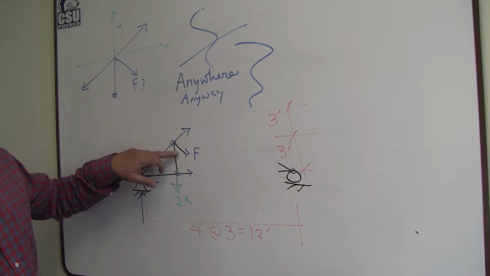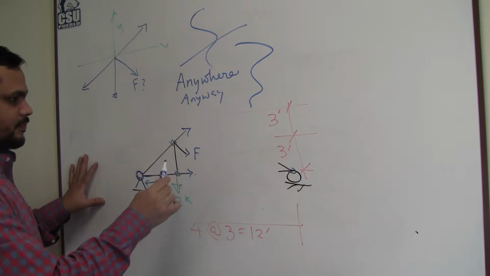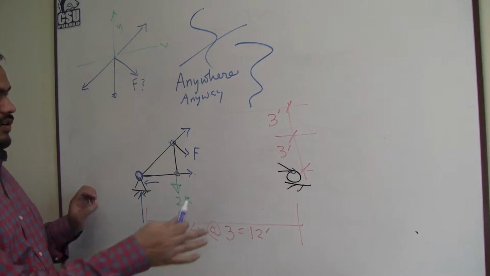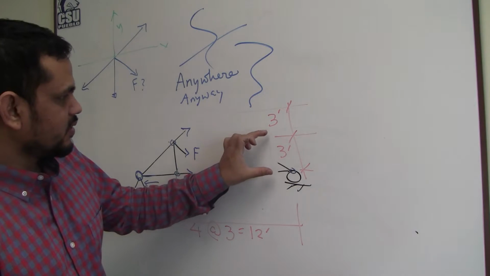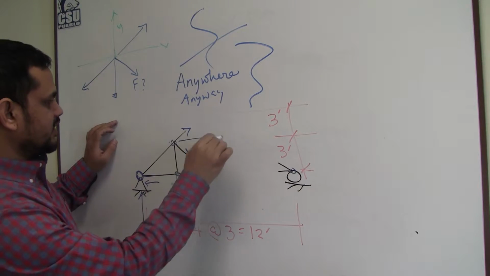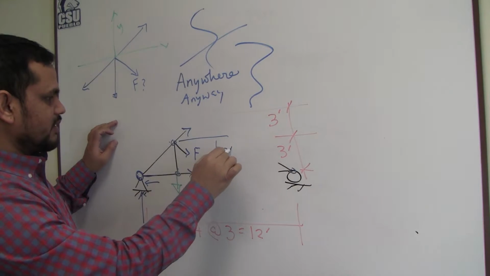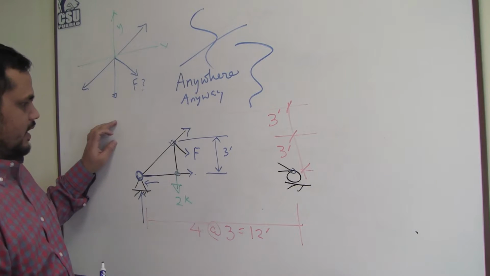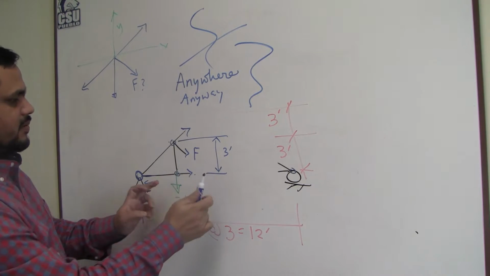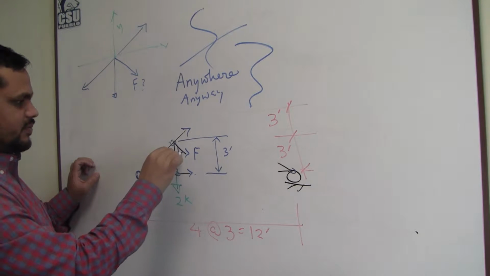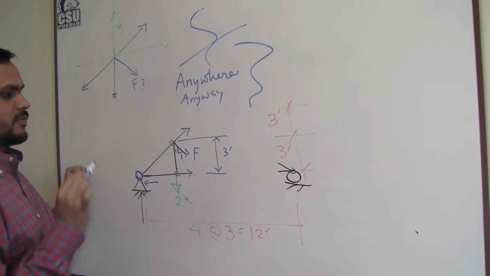Okay, this member is inclined, so I need the slope. I already deleted it, but I can recover the dimension. I assumed this part is 3 feet, and every bay was 3 feet. That means the slope is 1, 1.